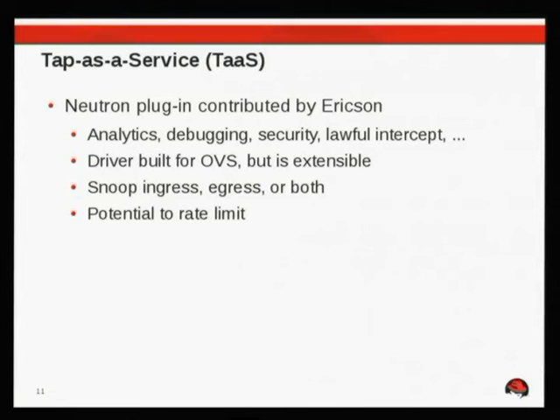OVS has had a mirroring capability, but it was difficult to use. Last summer, I used it, but it was very difficult to set up administratively. Actually, fantastically difficult. If anybody's messed around with networking in OpenStack, it's a bear.